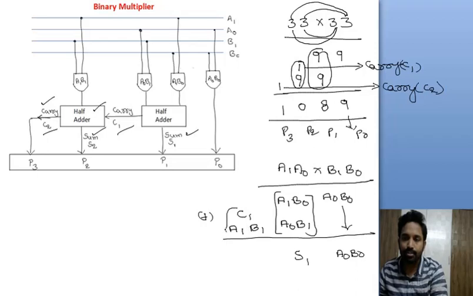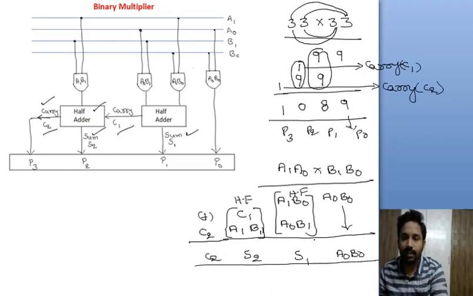Now while adding these two bits, another half adder is required. So this is the half adder, and this is another half adder. So C1, A1, and this is B1 actually. While adding these two bits, another sum is generated, and a carry may or may not be generated. Let us assume if a carry is generated, that is C2. So finally this C2 will be generated here.